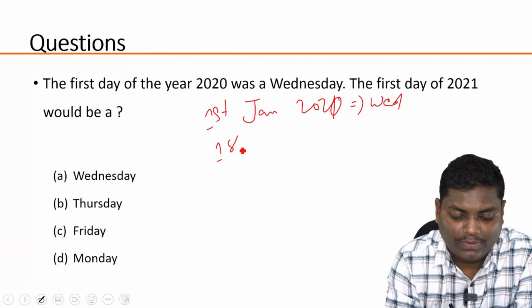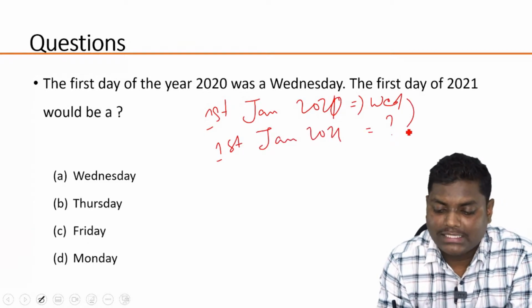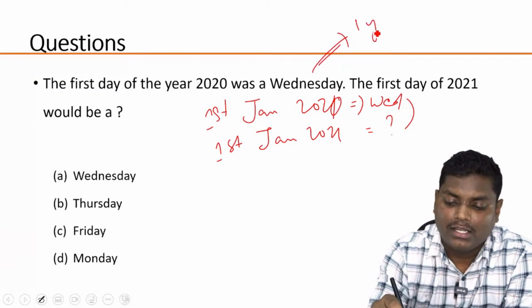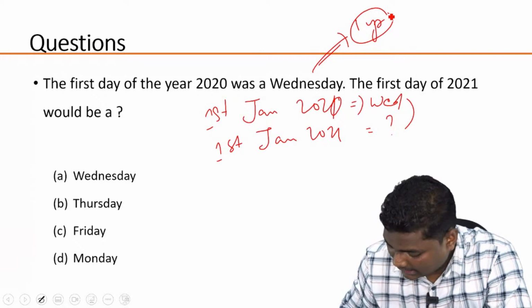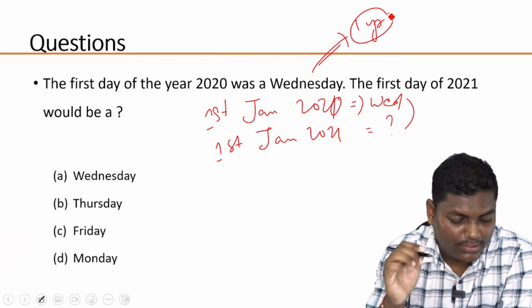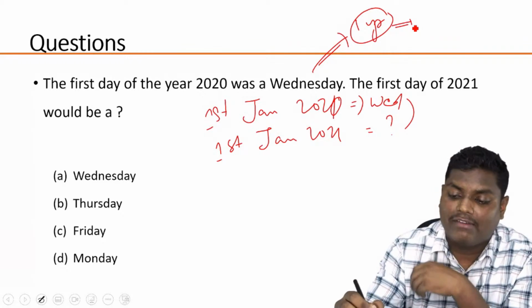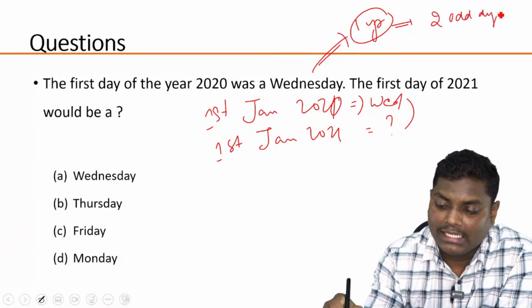We need to find 1st Jan 2021. So the first thing you have to do is see the gap. It is basically 1 year. Now what kind of year is it? It is a leap year. Correct, Anupam? Correct. So this is a leap year. So in this leap year, how many days are we having? So 2 odd days we are having, 2 odd days extra.